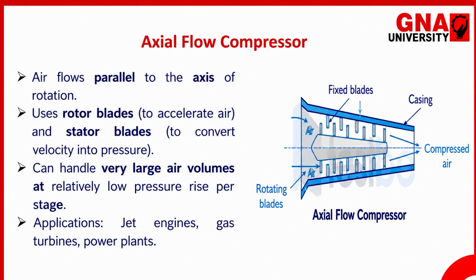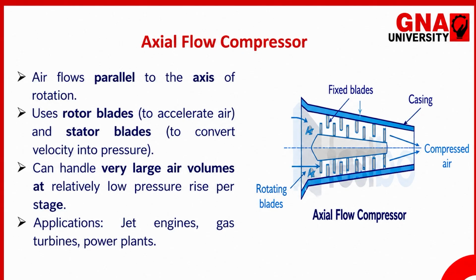The drum is mounted on the rotor, and you see the blades are fixed to the rotor. When the rotor rotates, these blades fixed to it will also rotate. Some of the blades are fixed to the casing, and these are known as the stator blades. One set are the rotor blades that rotate with the drum, and the other are the stator blades, which are fixed to the casing and do not rotate.